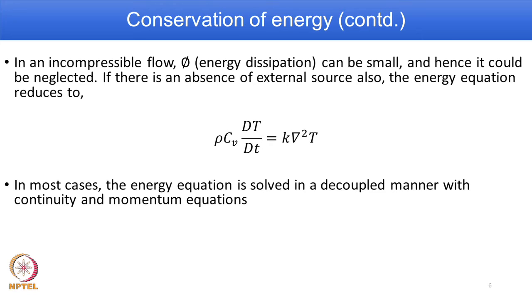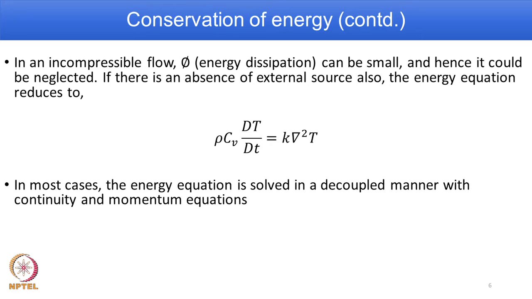If you are looking at only a simple basic fluid mechanics problem, then those 4 equations are enough, and if you have a problem where energy transfer is also important, then you include the energy equation also.